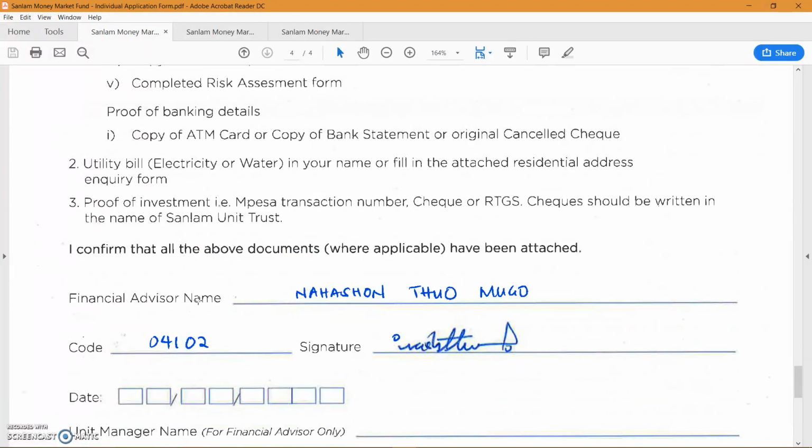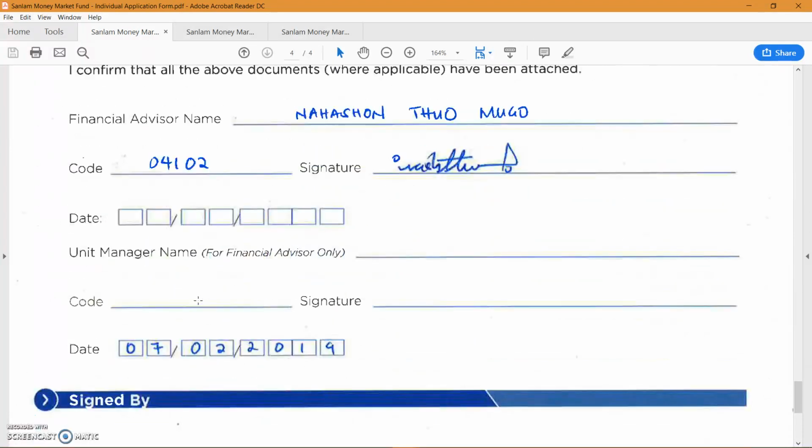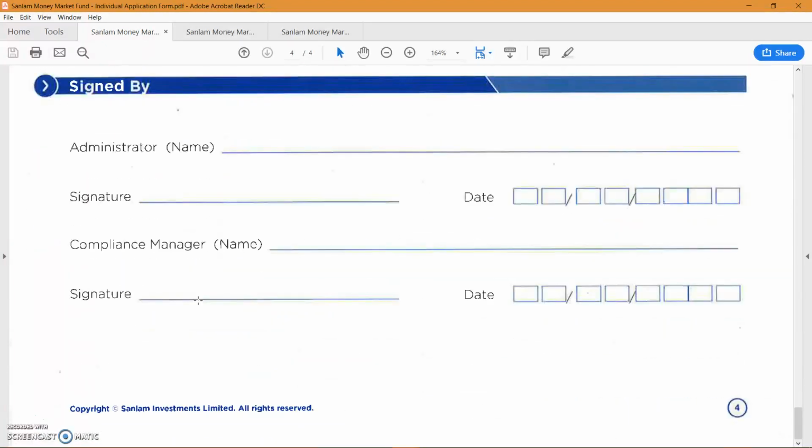So that's why I've signed this document, but then you'd have to contact me for me to sign the originals. Otherwise, the other option would be to use a lawyer, which actually is not a bad option, to certify true copies of the originals, and then you can scan those and use them in all the other applications that you use in your life. And that's the end of how to apply.